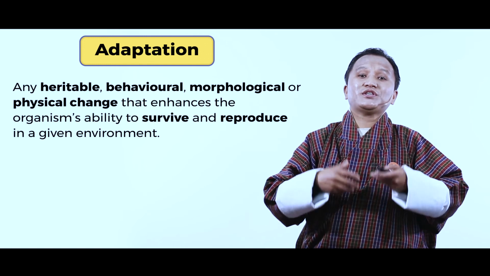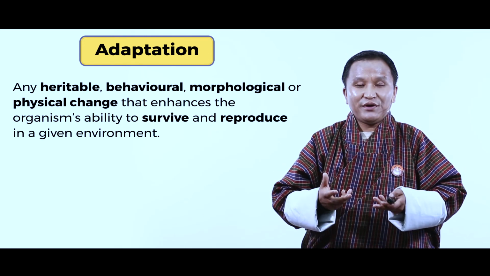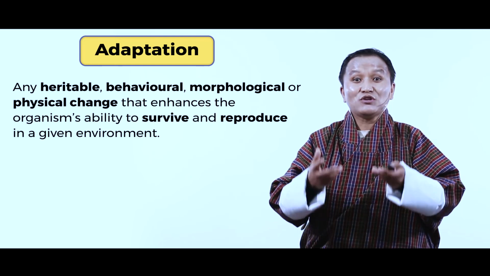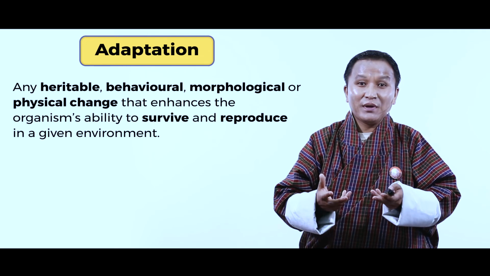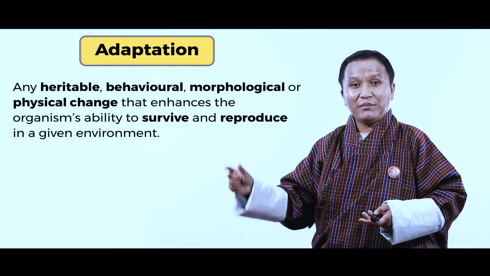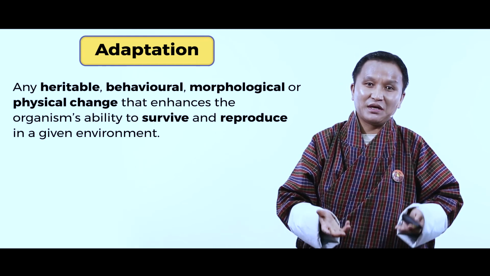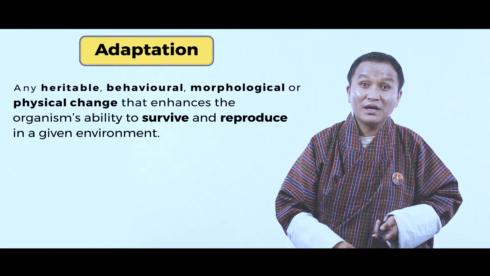Adaptation is the evolutionary process which allows organisms to have a heritable behavior and a morphology, or physical form or shape, that allows them to stay, survive, and grow in that particular place. That is the ability of an organism.